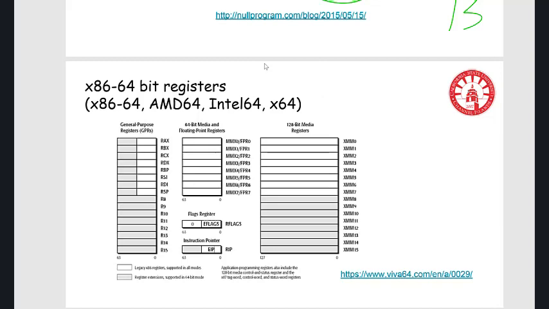In a 64-bit processor, we're also going to be having 128-bit media registers, which are these registers. And also we're going to be having some registers assigned to floating point operations. So these are these registers. And also we have the flag register, which is also 64-bit, but the 32 higher bits are 0.